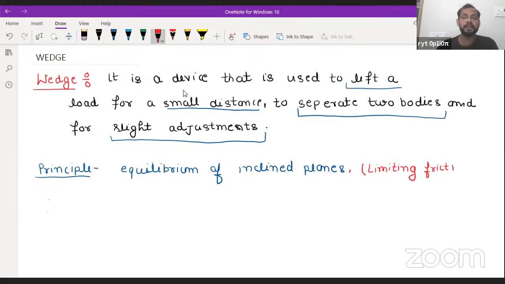The problems of wedges always deal with limiting friction. Limiting friction condition means that at each and every surface, the magnitude of static friction will be maximum. So whenever the question is related to a wedge, you can consider at each surface that the static friction is the maximum static friction, or the limiting friction. That means the body is just about to move, or it is at the verge of motion. Fine.